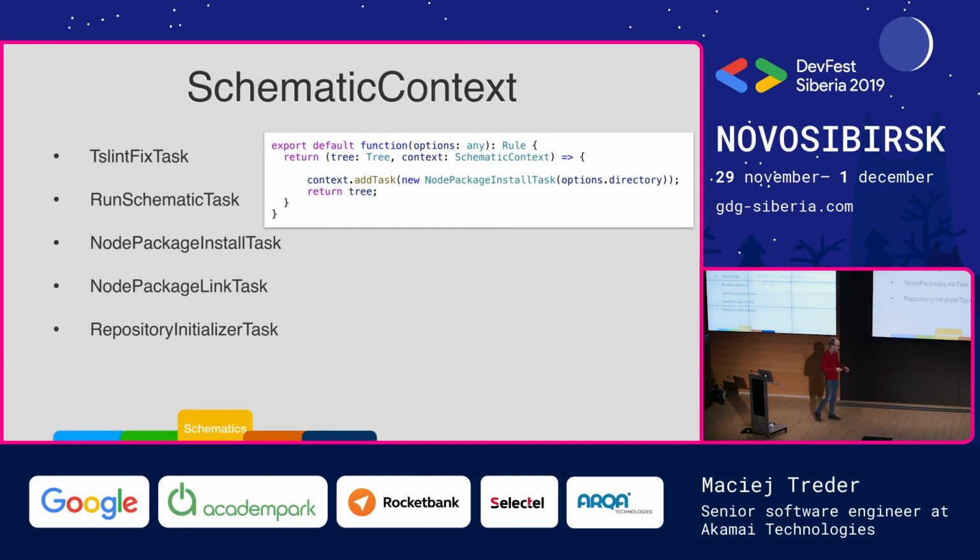At the beginning, I told you that a rule takes a tree as a parameter and returns a tree. So this one tree parameter is the necessary one. There is also a parameter which is not necessary, which is optional, and this parameter is the context.